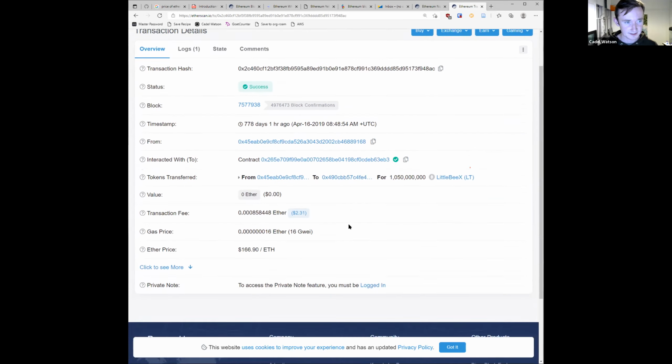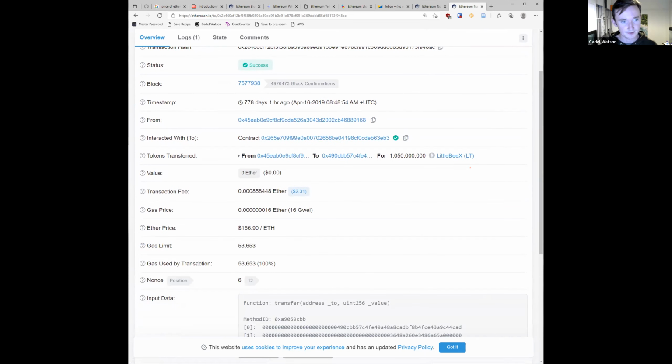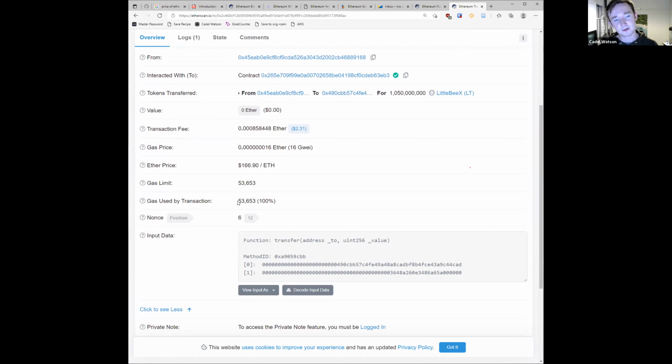And we can see, if I go to more, that calling this program here costs 53,000 gas. Then it's multiplied by the gas price, which in this case was a tiny amount of ether per gas. So that multiplied by the gas used by the transaction ended up in this transaction fee, which was $2.31. And that's how they're priced.